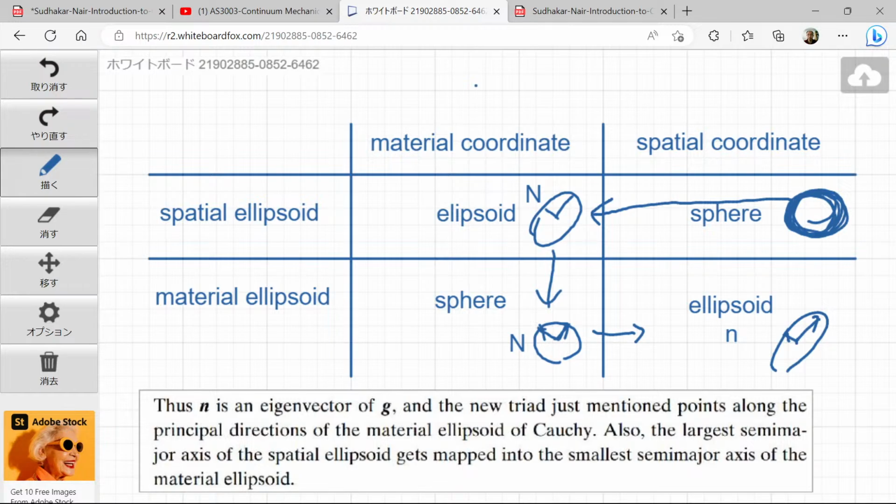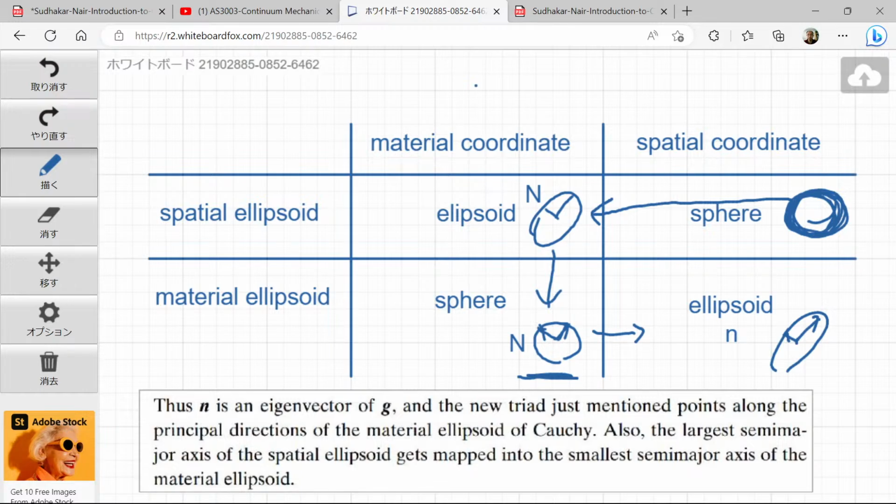So then you obtain major axes n1, n2, n3. Then you make a sphere in material coordinate, which we call the material ellipsoid.